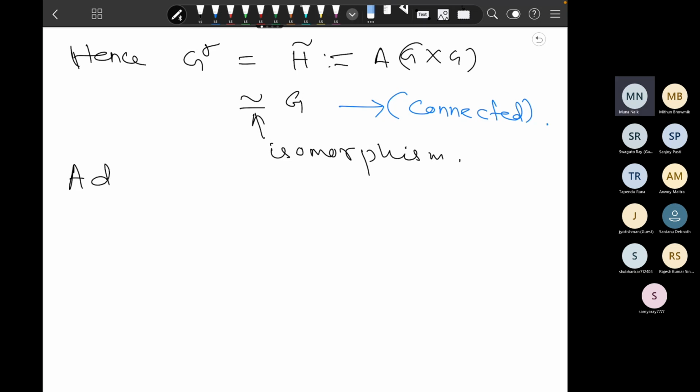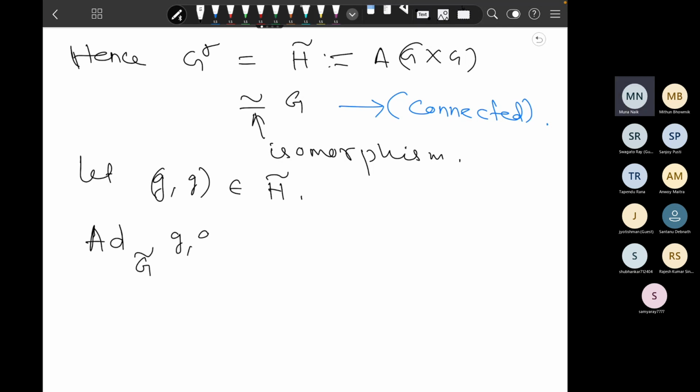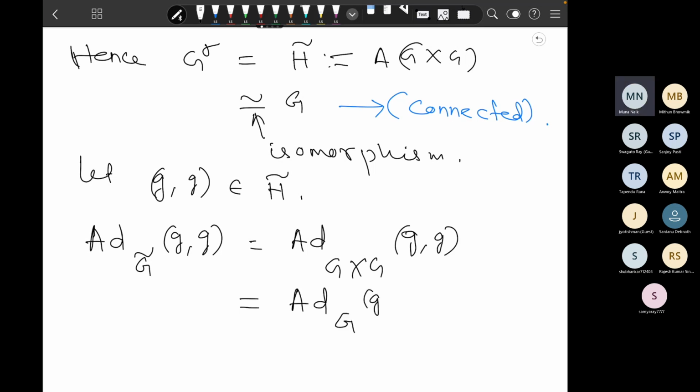Okay, so let g belong to H tilde. This Aut of G tilde, G tilde is what? G cross G. So this is really the same thing as Aut of G and Aut of G.